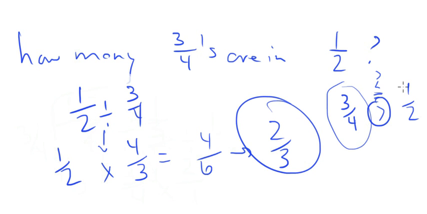This number would have to be 3/4 for it to be 1, a whole number. So this is going to be less than 1, and 2/3 is less than 1, so we know the answer is right. Does that make sense? Okay. Is 2/3 of 3/4 1/2? Yeah, has to be.